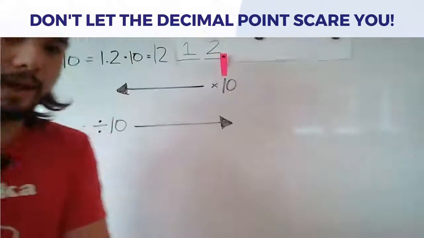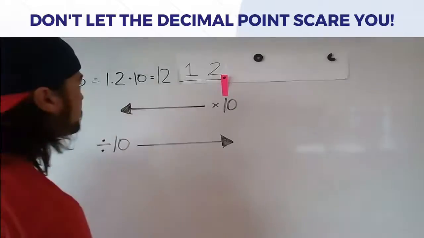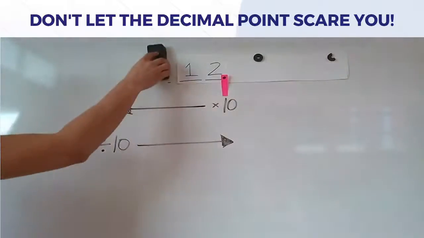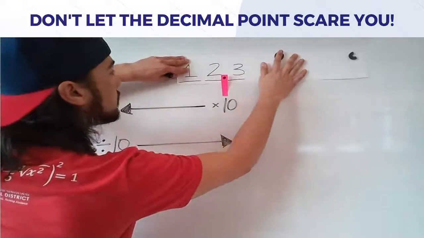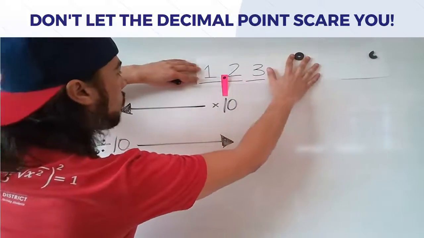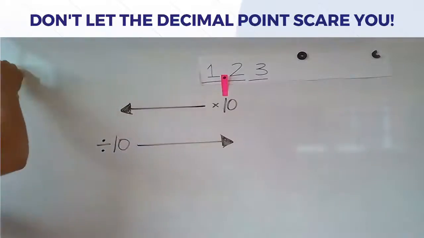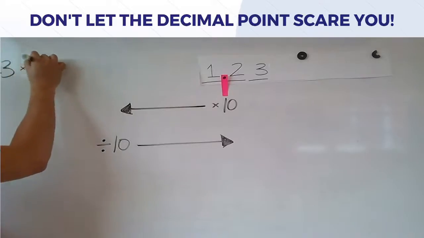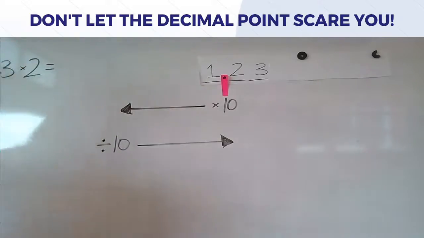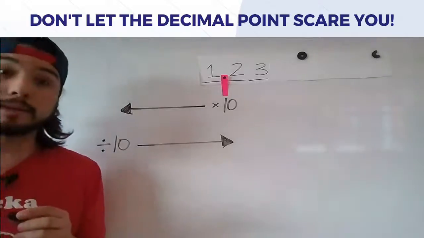So let's say we have, I'm going to use, let's go, I need one more digit here. There we go. Let's go with 1 and 23 hundredths times, we'll keep it simple, we'll times 2. Okay, 1 and 23 hundredths times 2.